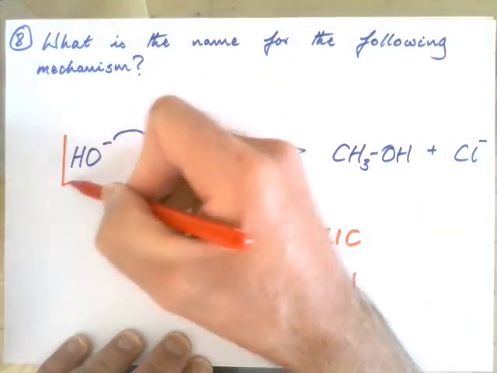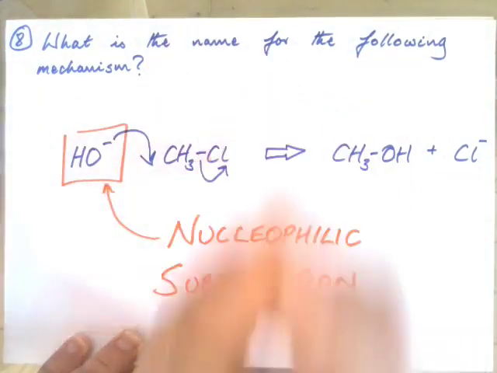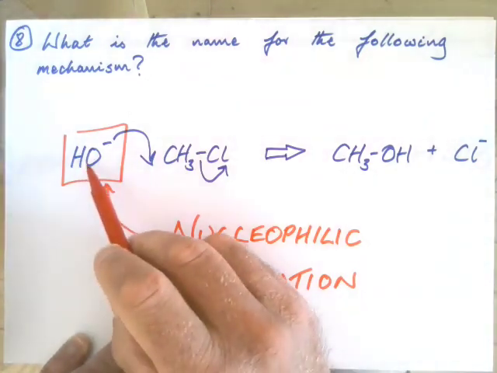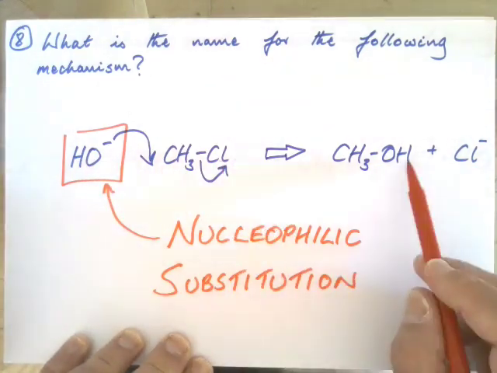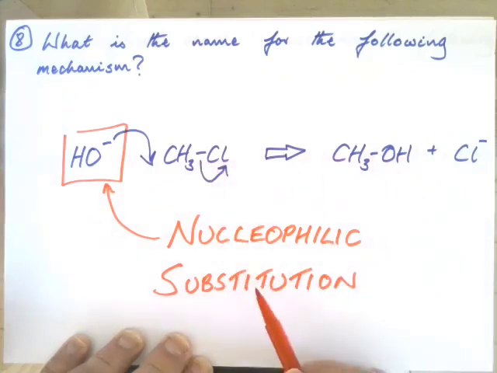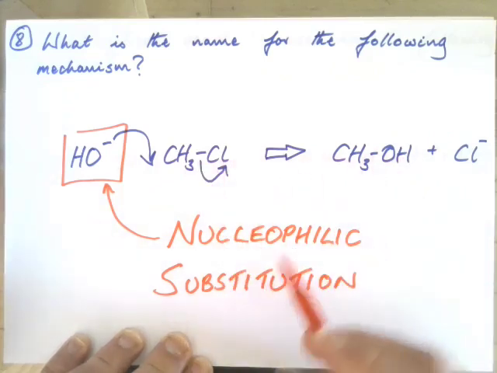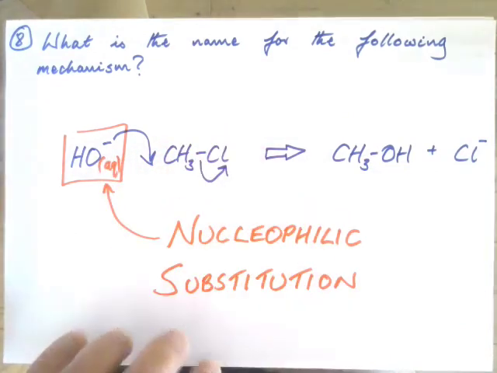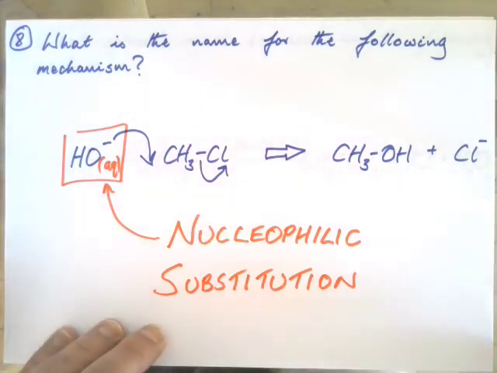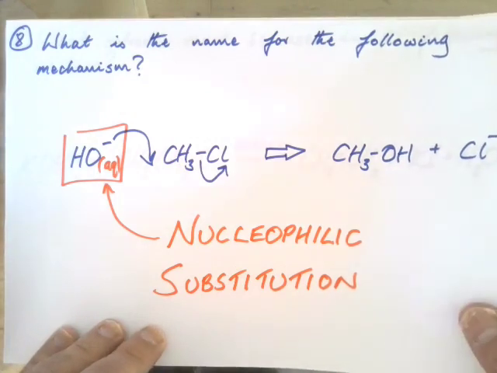So this is our nucleophile, and we're swapping the OH minus out for the Cl. So it's a substitution, it's a swap, one for the other. If we wanted this to happen, the solution would need to be water. Otherwise, there's a danger of getting elimination, although it would be hard to get elimination with just one carbon here. Nucleophilic substitution.